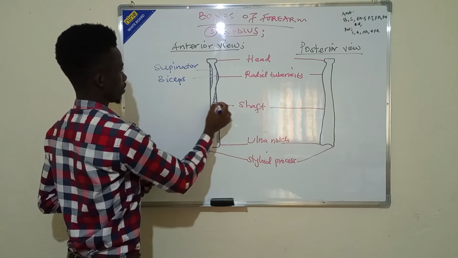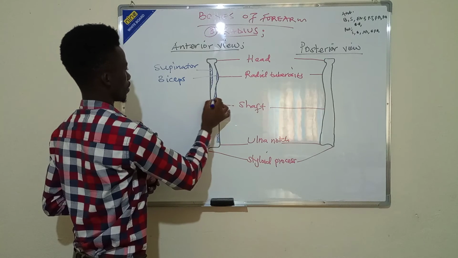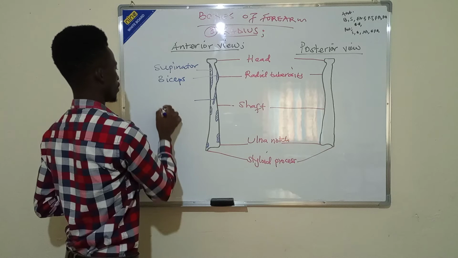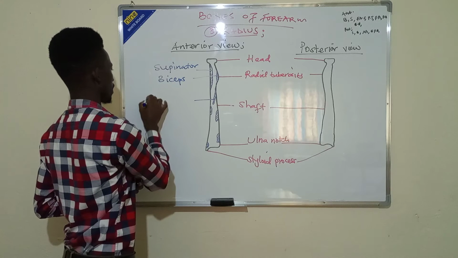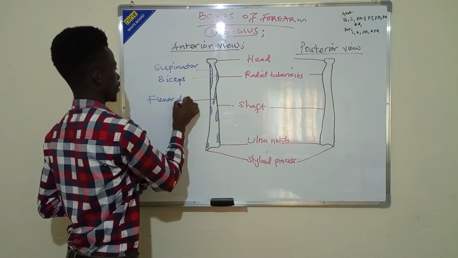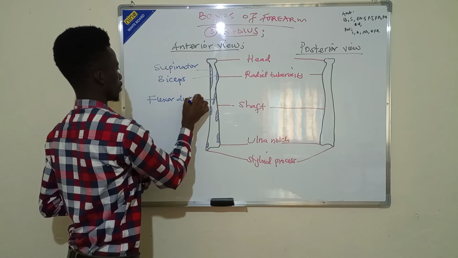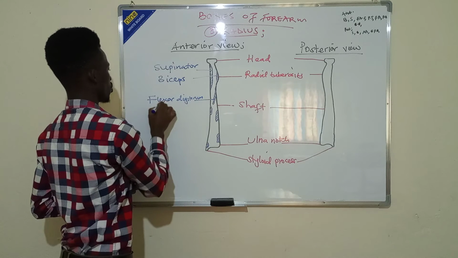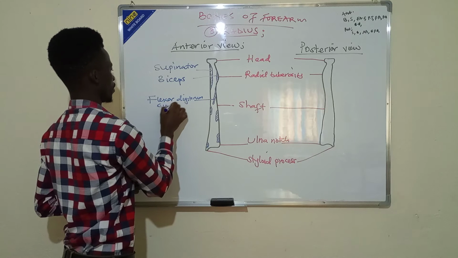And then this side here, we have a huge muscle known as the flexor digitorum superficialis.